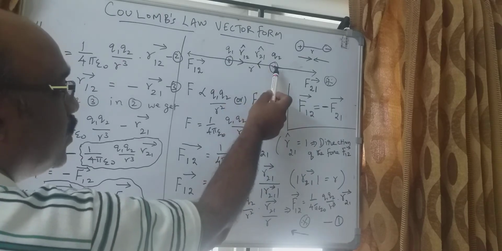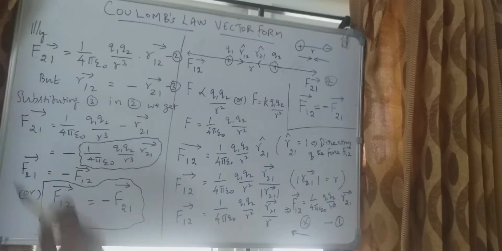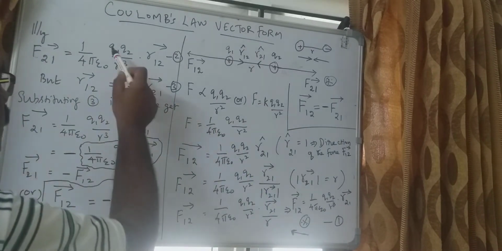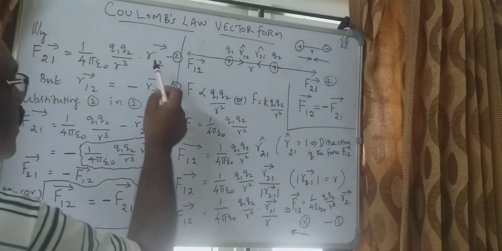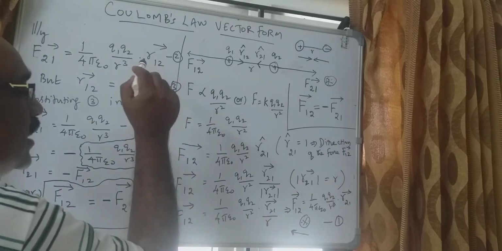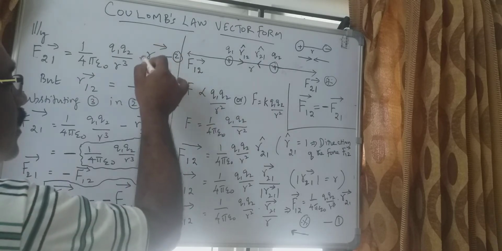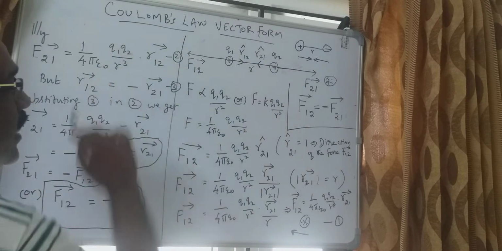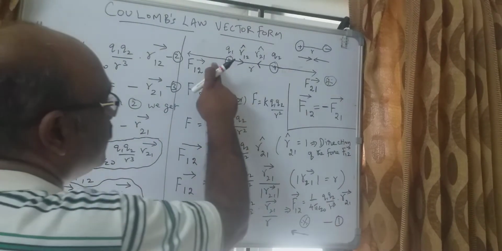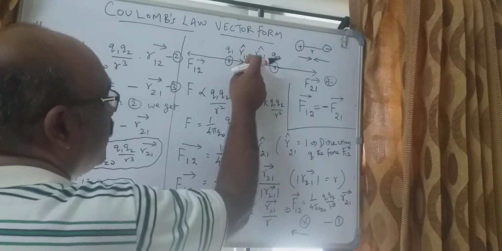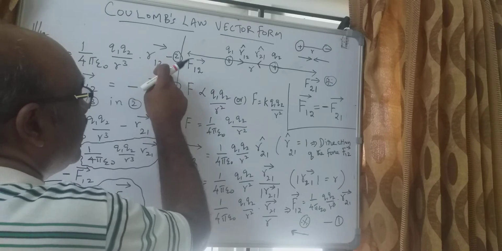Force exerted on 2 by the charge 1 is equal to 1 divided by 4 pi epsilon naught q1 q2 by r cube, but the direction of the force is denoted by this vector notation, that is, the direction of this force is from 1 to 2.